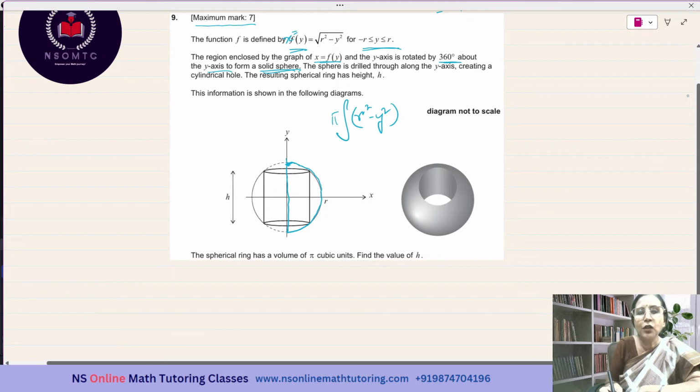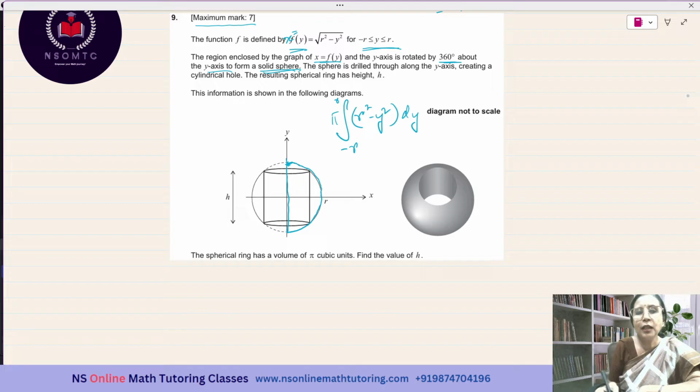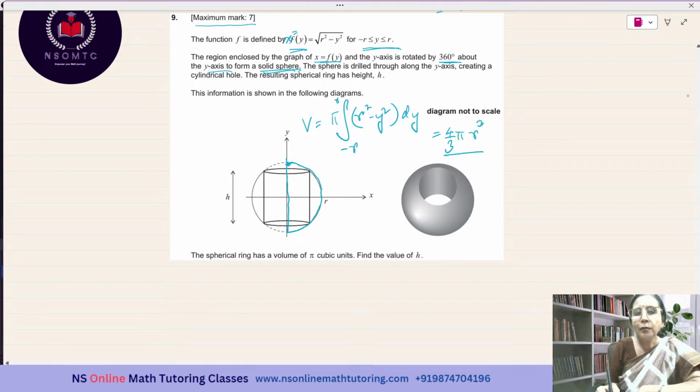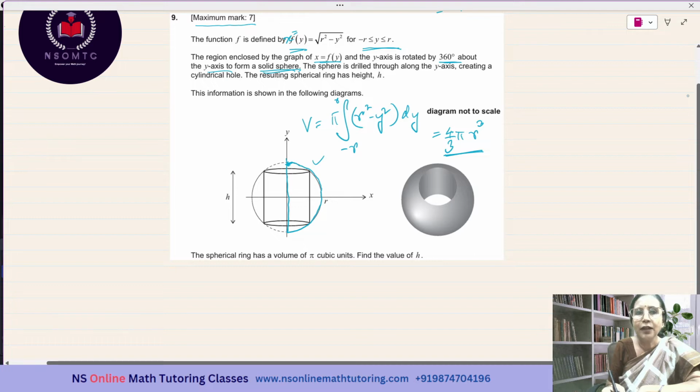So x squared will be r squared minus y squared, dy, with the limits of integration as negative r to positive r, because the radius of the semicircle is r. If you perform this integration, you will get the volume as 4 over 3 pi r cubed. This is the volume of the sphere that will be generated.